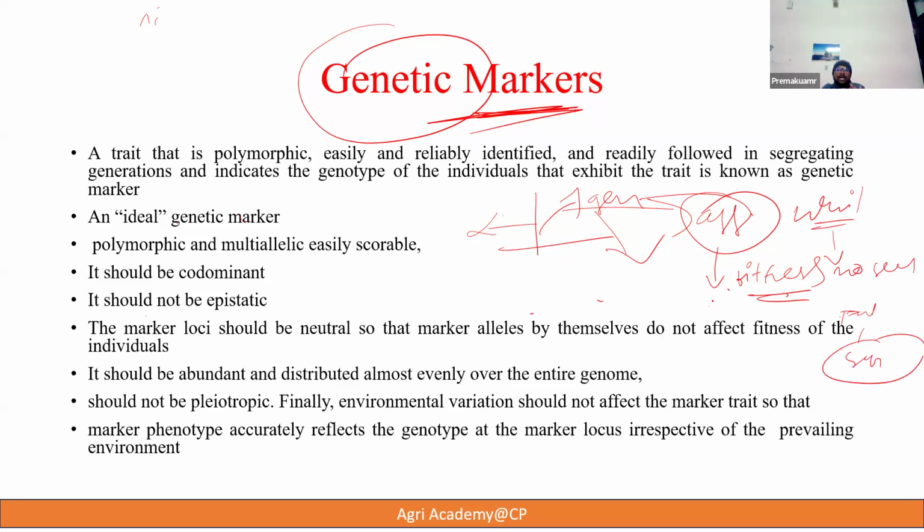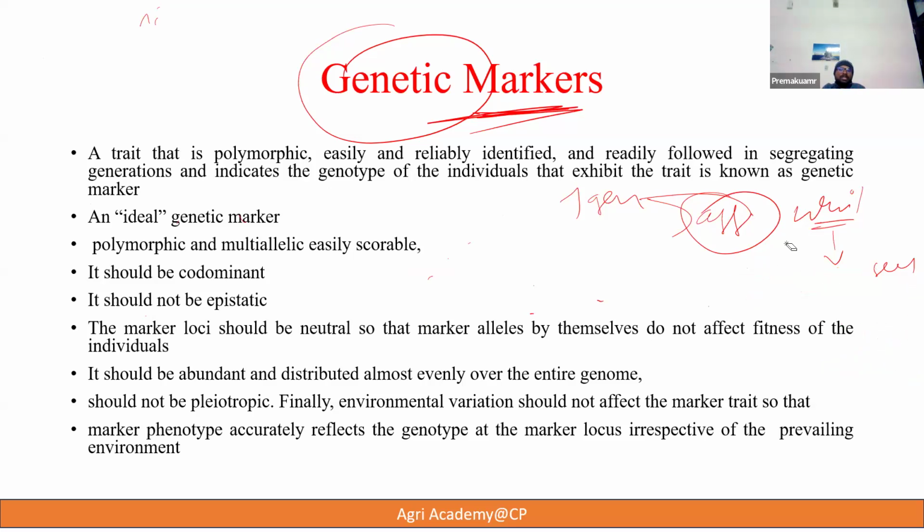The particular trait has some role in the fitness of an individual. Take grain size. If you use grain size as a marker, grain size will definitely affect the fitness of an individual, and your selection procedure will also be biased. That's why any marker should not be directly correlated with the survivability or fitness of a genotype. Understood what this point means?